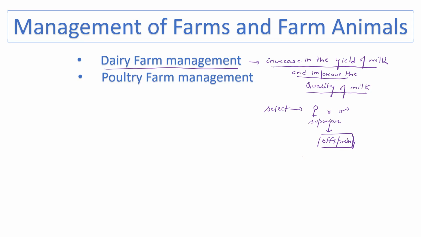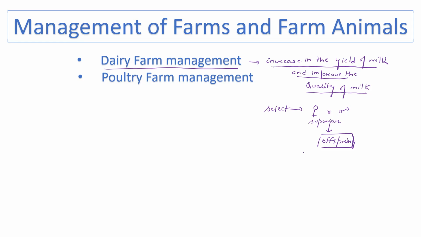To maintain dairy farm management, we need an adequate amount of water, a disease free environment, good quality food, hygiene, and regular veterinary checkups. Other than breeding, there are some other terms you have to remember.